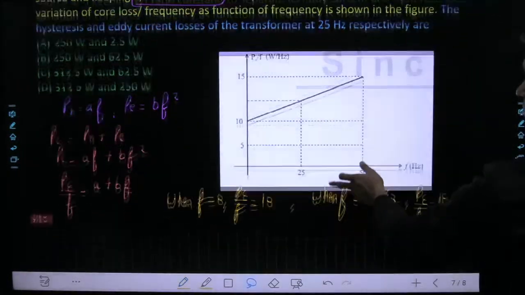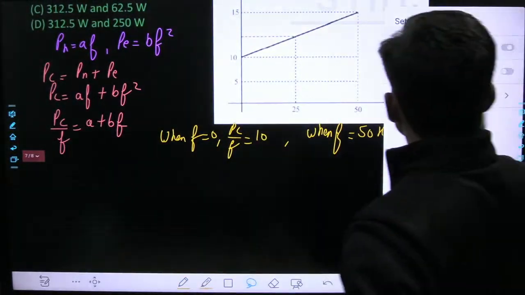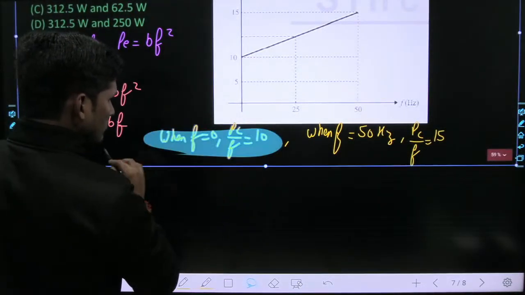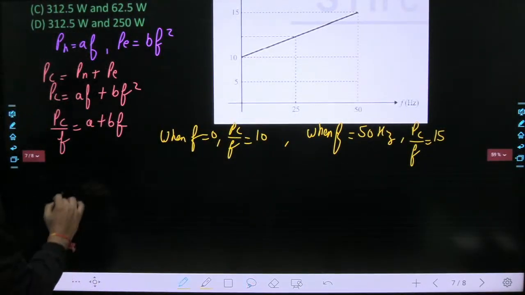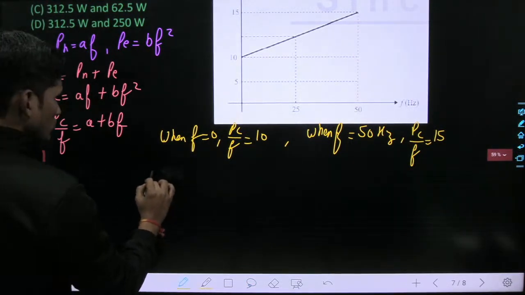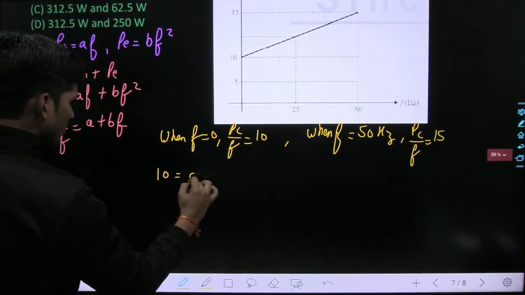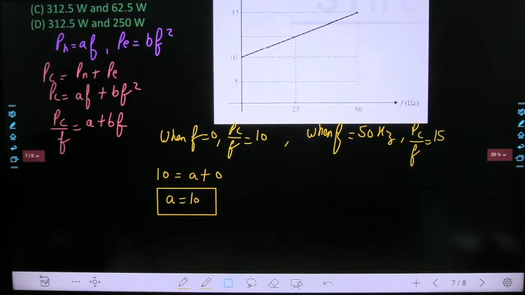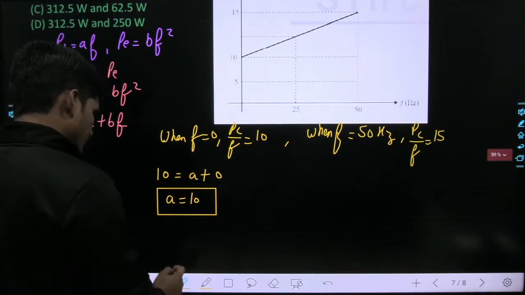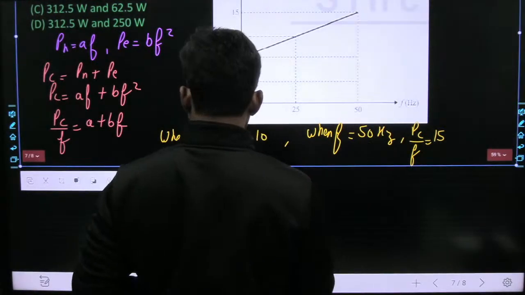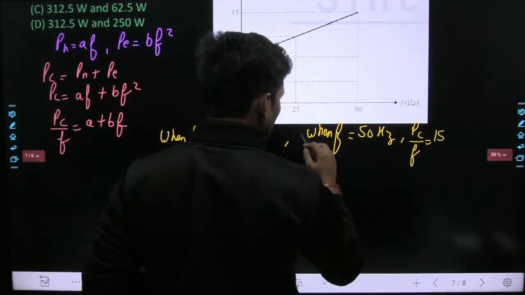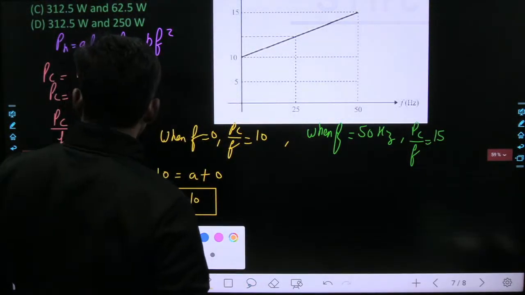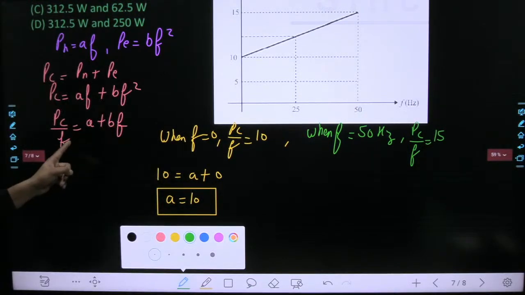Let's put this value in this particular equation. When frequency is 0, PC by F, that is 10, equals A plus 0. So the value of A is 10. Now when frequency is 50 Hertz, PC by F is 15.